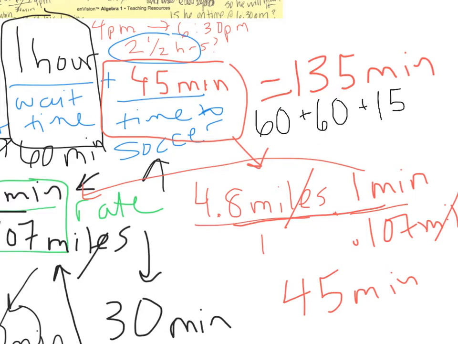So it took this person 2 hours and 15 minutes to travel. If they needed to get there within 2.5 hours, they did make it. Long problem, but that one's tricky.